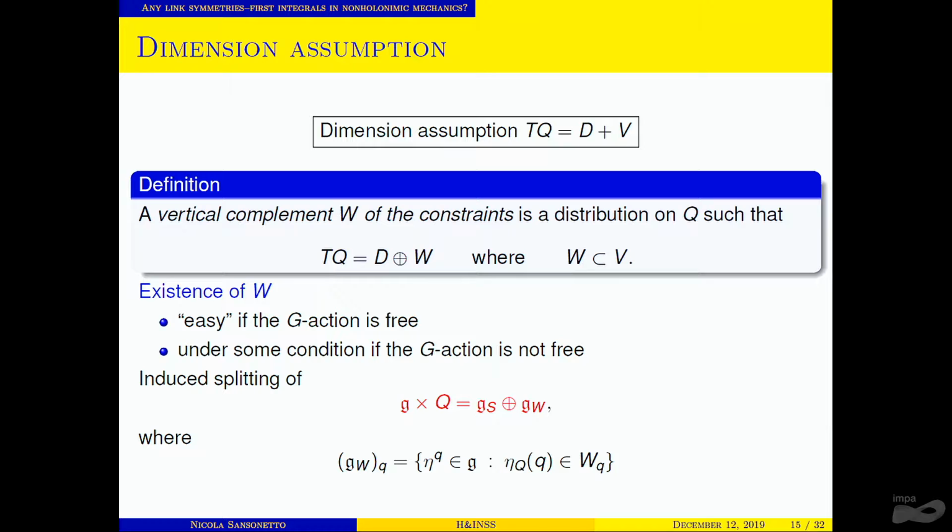And it has been proved, I think, by Paula, that this W exists and is unique if the action is free, and is also so if the action is not free, but with more technicalities. This splitting also induces a splitting of this trivial bundle by the g^S that was defined before, and g^W, whose fibers are given, again, by the elements of the Lie algebra at the point q, such that the infinitesimal generator is in this space W.